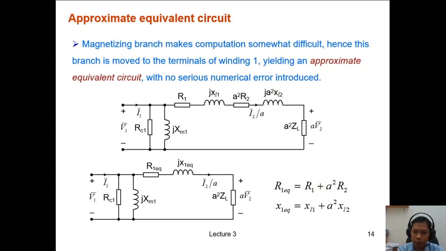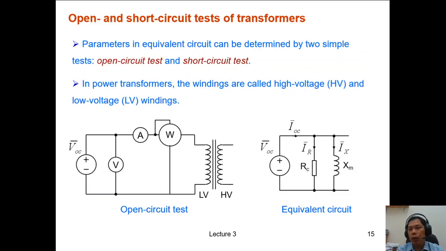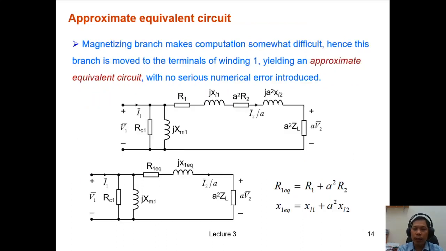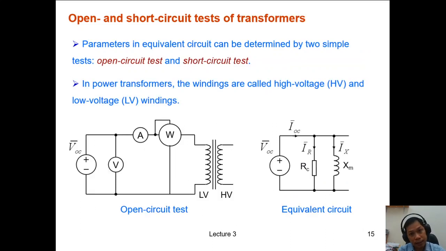Now, if we have a real transformer, how do we know about these parameters? For a transformer, we can do some tests, and from those tests we can determine the parameters of the equivalent circuit.